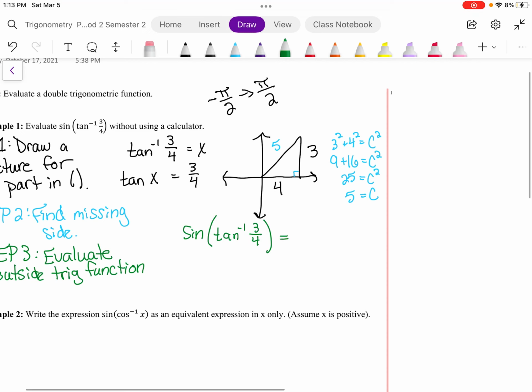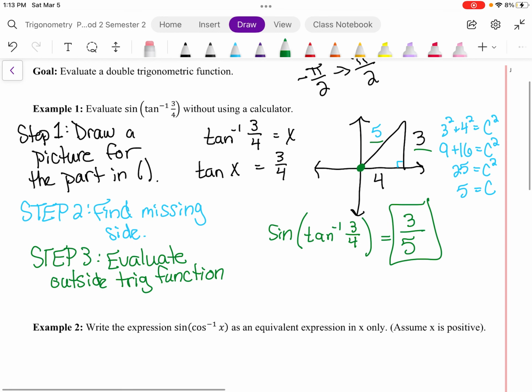So when we did that, we first drew a triangle to represent the inverse tangent of 3/4. Now, with that same triangle, we are going to evaluate what the sine would be. And sine would be opposite over hypotenuse. So our answer for this problem would be 3/5. So in this entire problem, we never figured out what the angle was equal to, but by following these 3 steps, we're able to figure out what the equation equals.